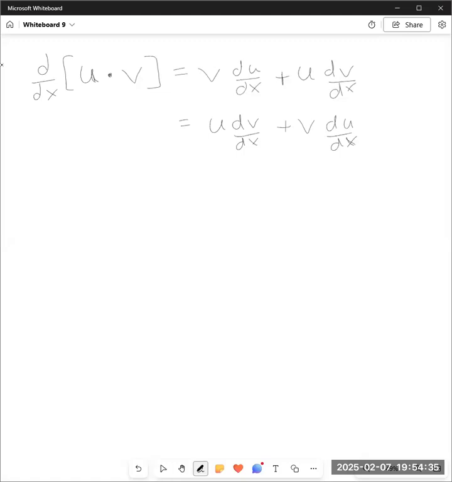So I like to do a little chart here, and I'll usually write these as u prime v plus v prime u is usually how I write this rule for myself, where this is u prime times v, this is v prime times u.